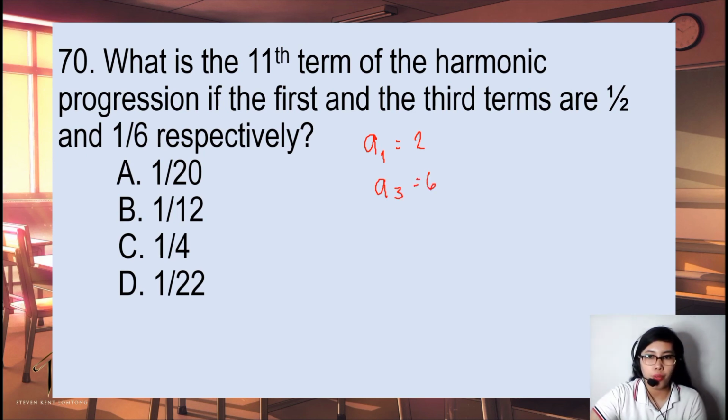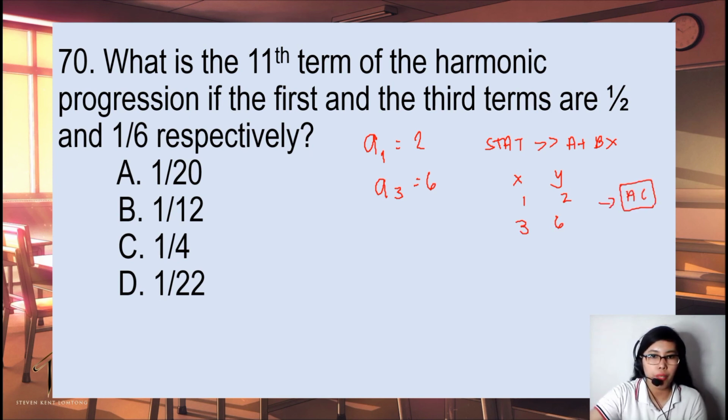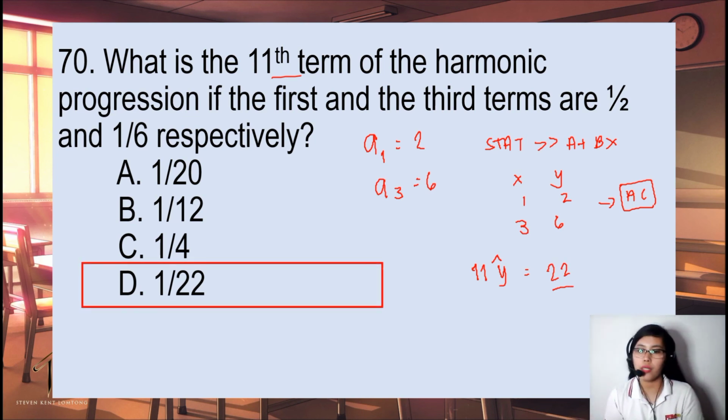So you just have to go in your stat mode, then A plus Bx, then type in your columns: 1 is 2, and 3 is 6, then AC. Then we're looking for the 11th term. So 11 y hat, and makuha natin is 22. Therefore, our harmonic progression term is 1 over 22.